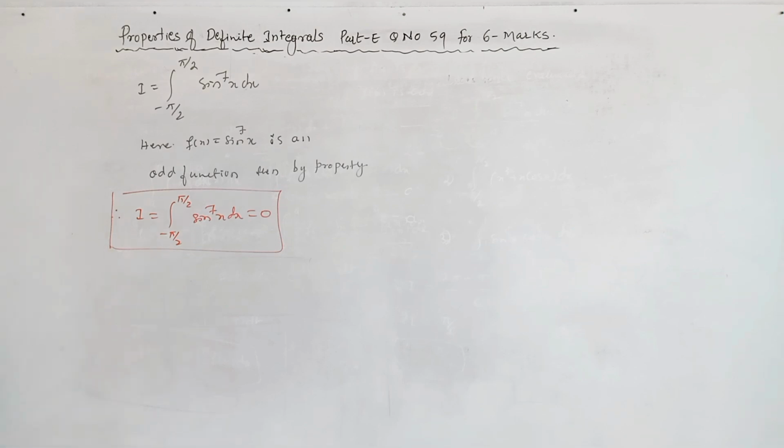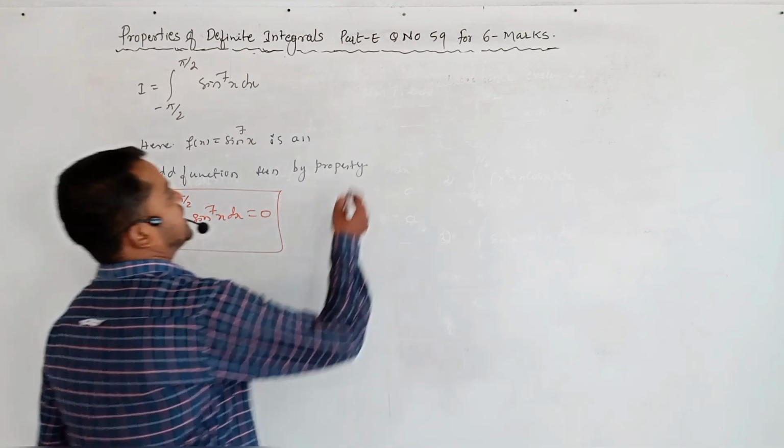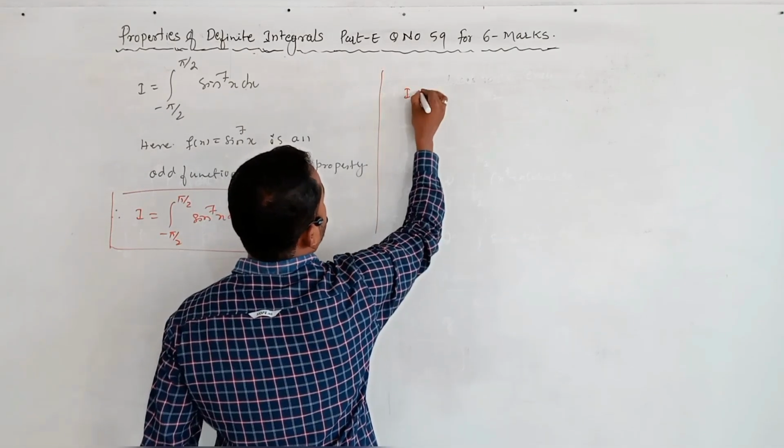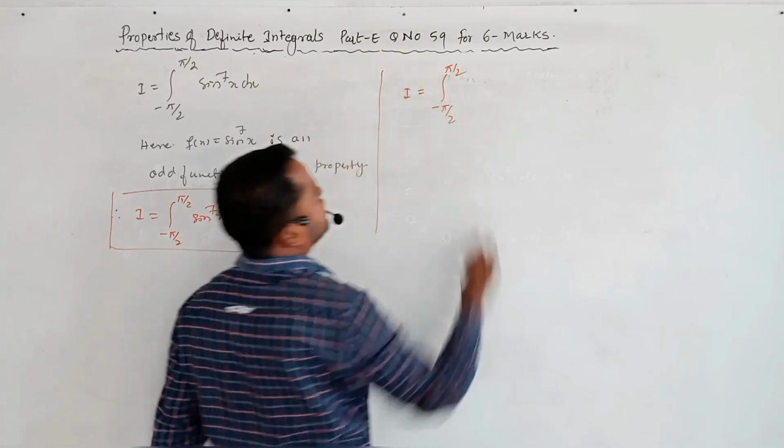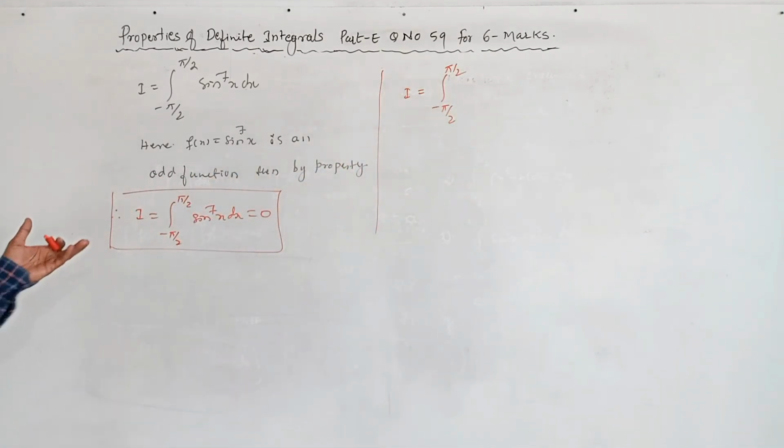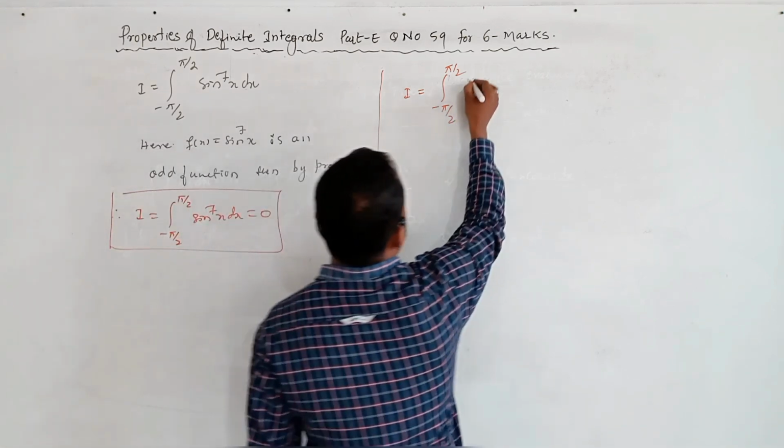If it is odd, its integral value is 0. Now the second problem: I is equal to the integral from minus 5 by 2 to 5 by 2 of x cube plus x cos x dx. If it is odd, you directly get 0.